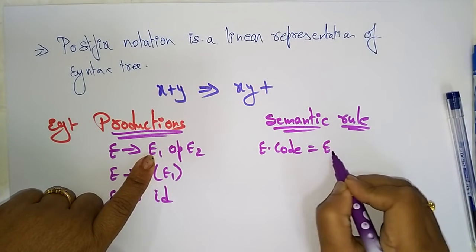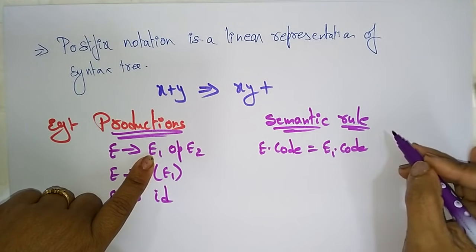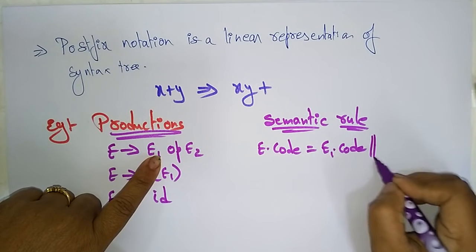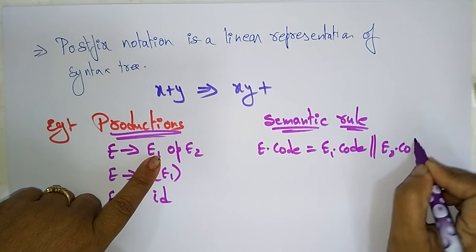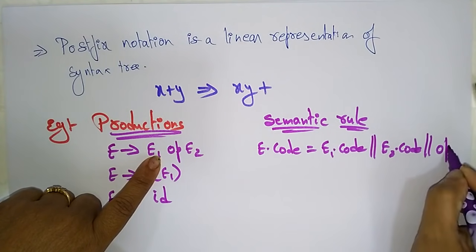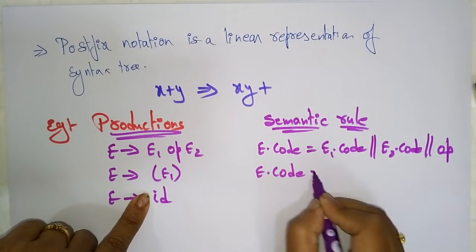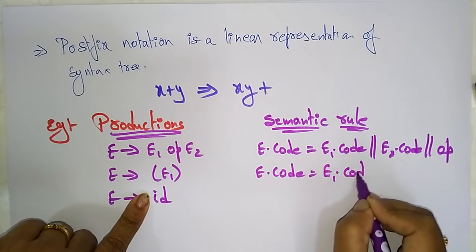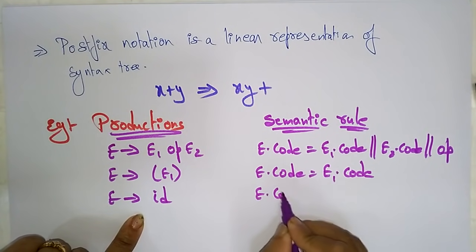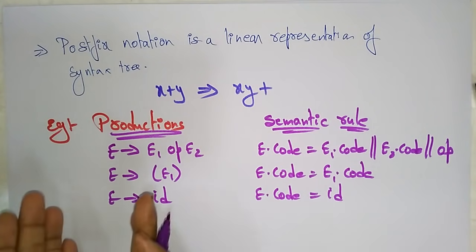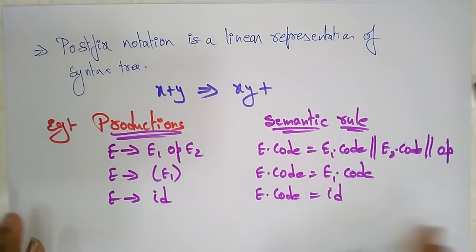And E dot code is equal to E1 dot code, and finally E dot code is equal to ID. So this is the way you represent the postfix notation in terms of SDT, the productions and the actions for those productions.